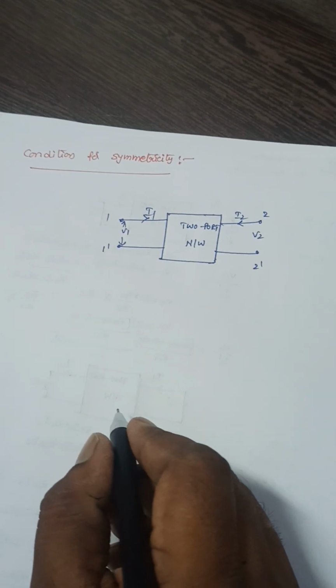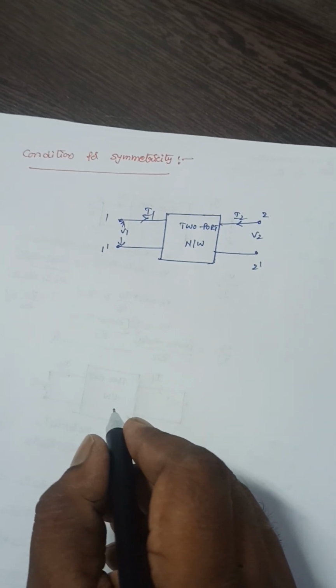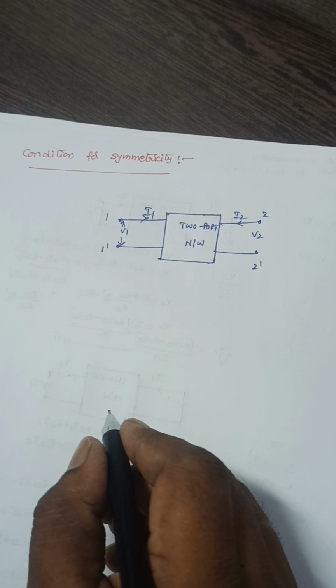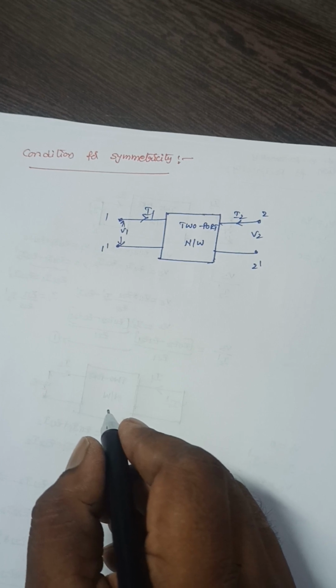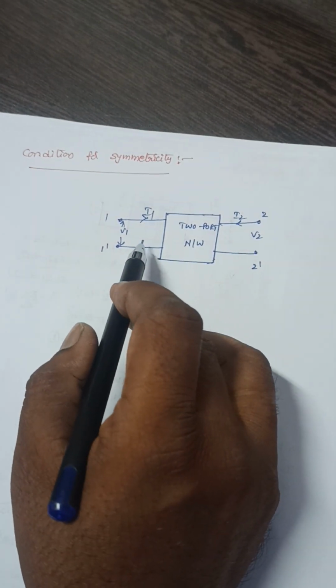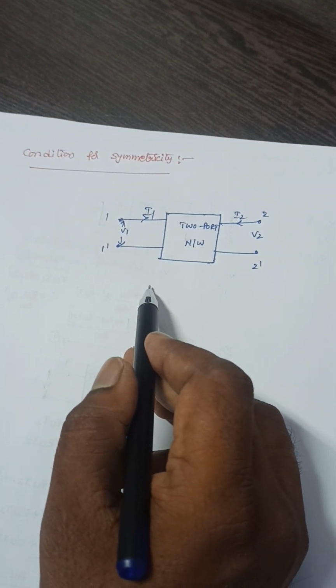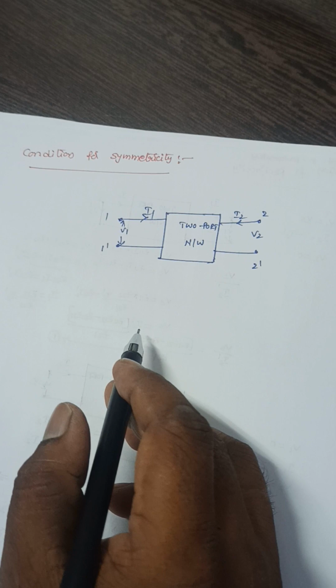The network is said to be symmetrical if the ratio of voltage to the current at the same port should be equal to the ratio of voltage to the current at the other port.